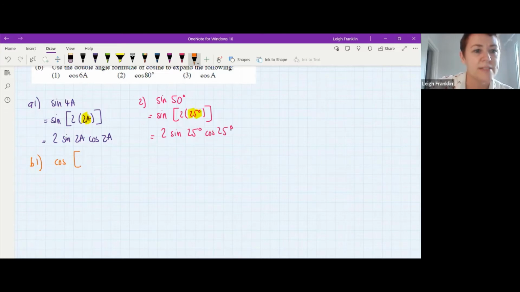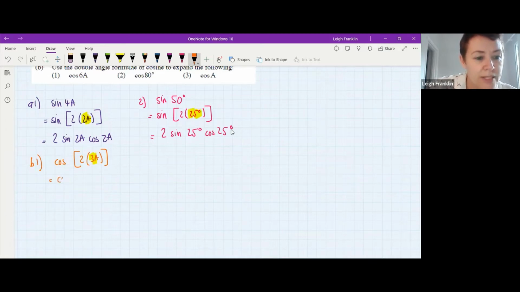Again, this is a double angle. 6 is double of 3. Again, very important in this particular case, your angle is 3a. So I have 3 ways in which I can write this.